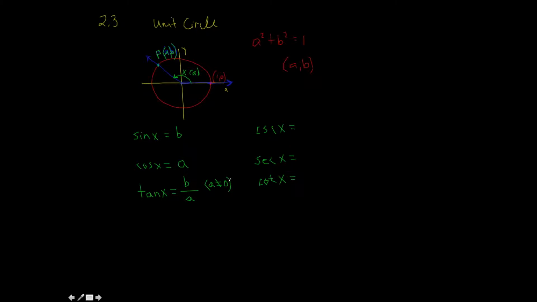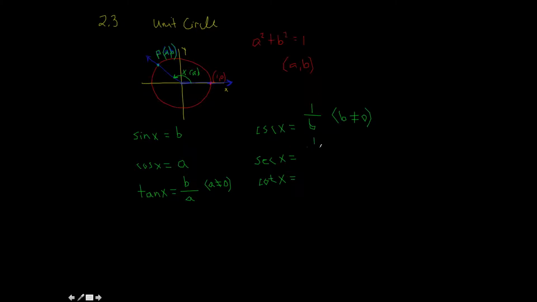Now, essentially, cosecant, secant, and cotangent are inverses. To find cosecant, it's the inverse of sine, so its answer would be 1 over b, as long as b does not equal 0.